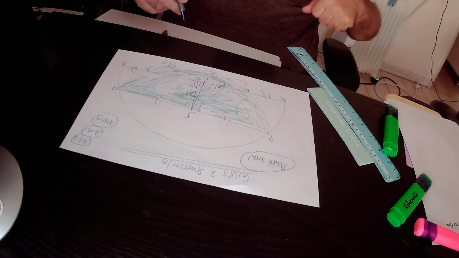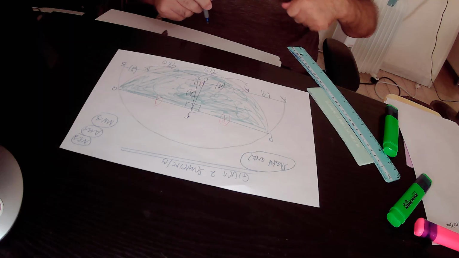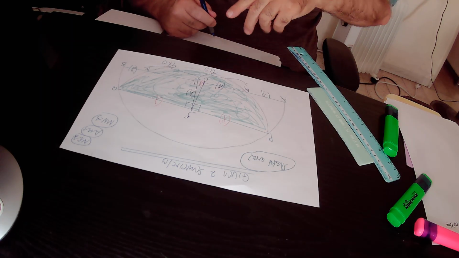So in the next step, I'll copy the small right triangle SOT onto a new page, and we will implement the Pythagoras theorem on this small right triangle OST.